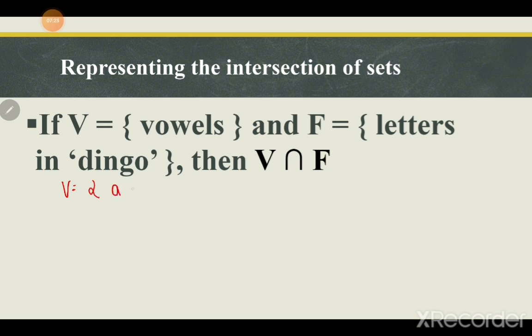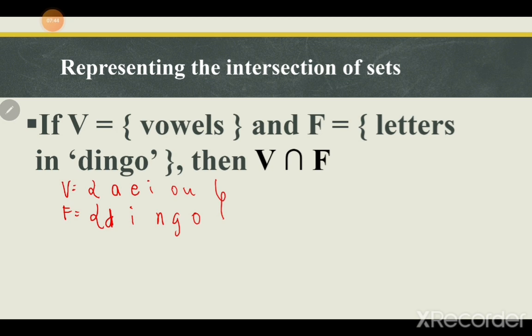We have A, E, I, O, U. And our word, dingo, we have, let's say, F, which is equal to D, I, N, G, O.